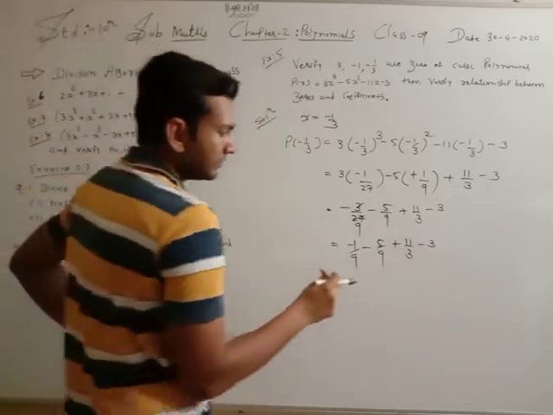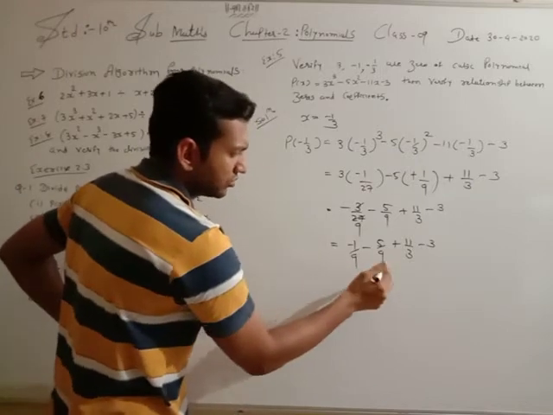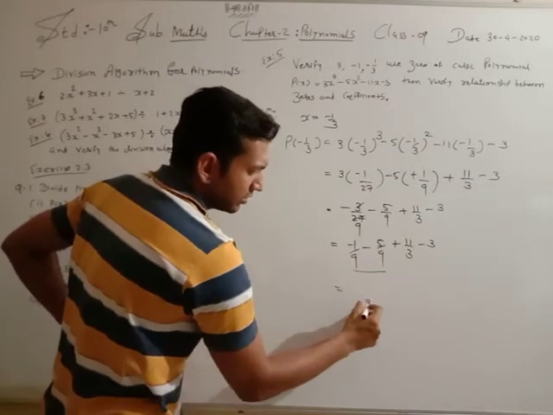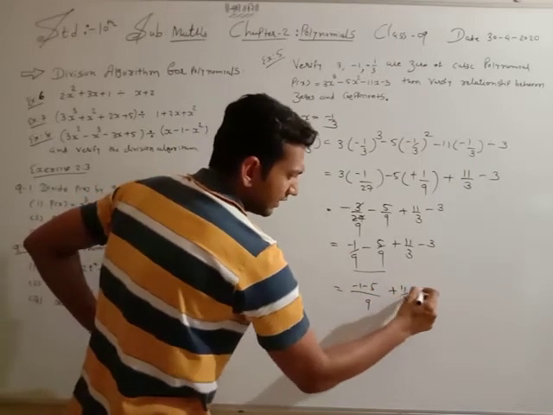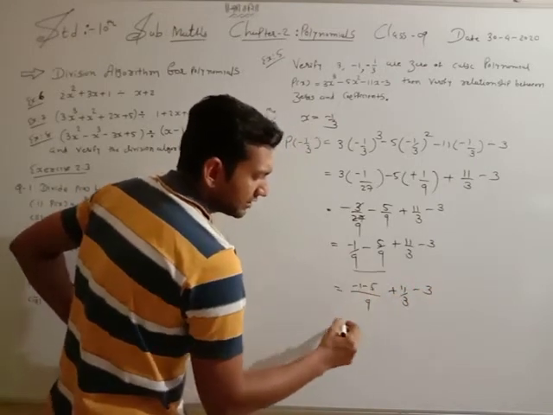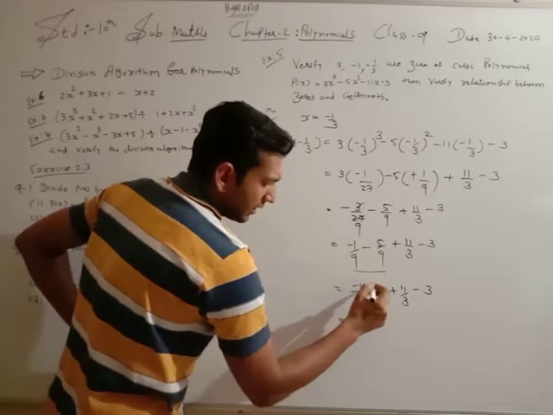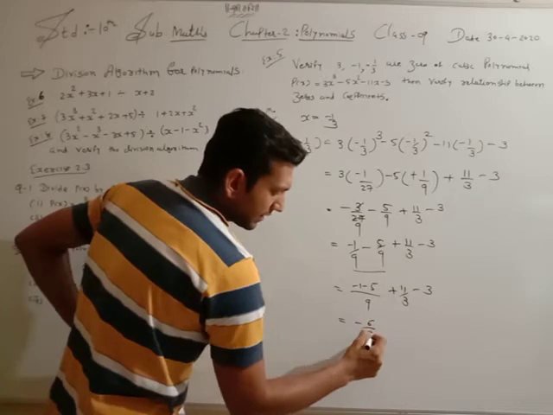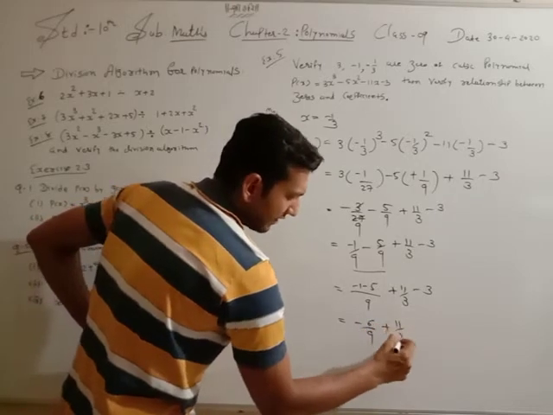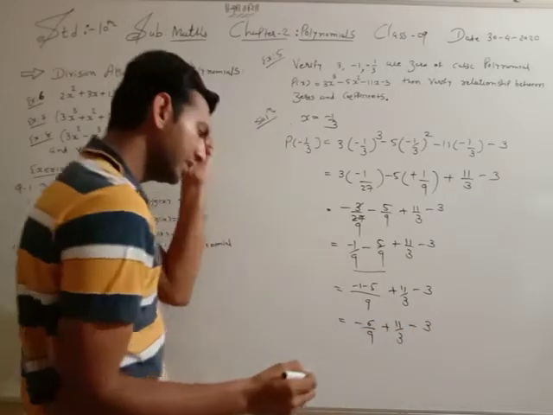See, now we will solve the first two. The denominator is the same, so 9 as it is, and minus 1 minus 5 is minus 6, by 9, plus 11 by 3 minus 3.